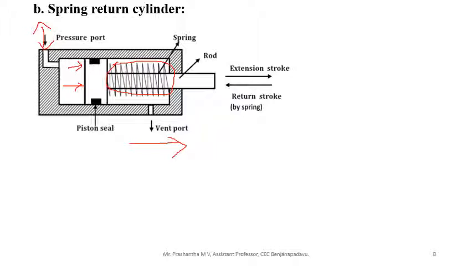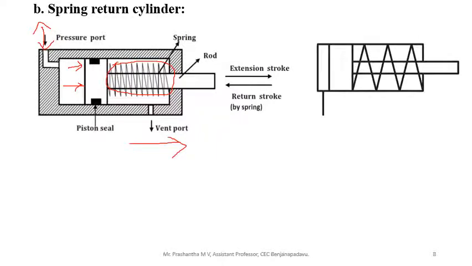And for retraction, the spring will expand. Because of that spring, the piston travels to its original position. Hence, it is called spring return cylinder. And this is the symbolic representation of the spring return cylinder.